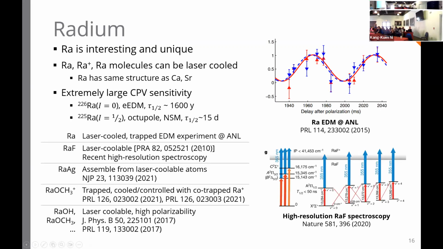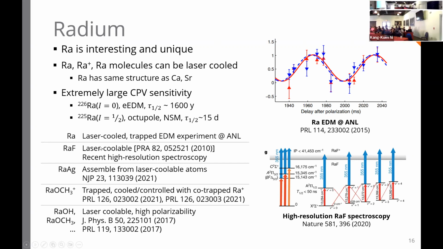However, because these enhancements are so extremely large, there's a lot of interest in pursuing these experimentally, and there's been a lot of developments over the past few years and over the last decade. Atomic radium has been used in an EDM experiment at Argonne National Lab, impressively, laser cooled and trapped and everything.